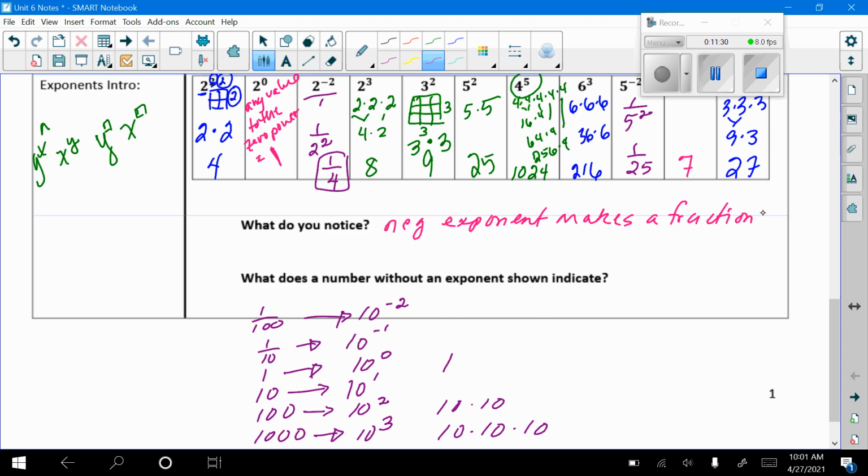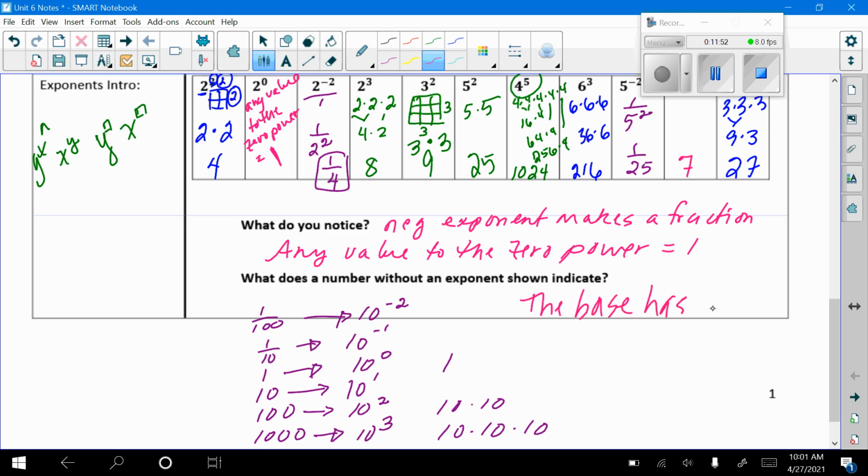And you hopefully also remember that any value to the 0 power equals 1. So what does a number without an exponent shown indicate? Well, if it doesn't have an exponent, it means the base has a power of 1.